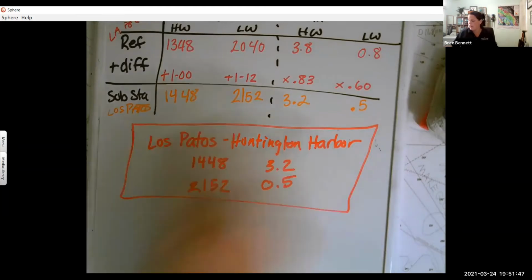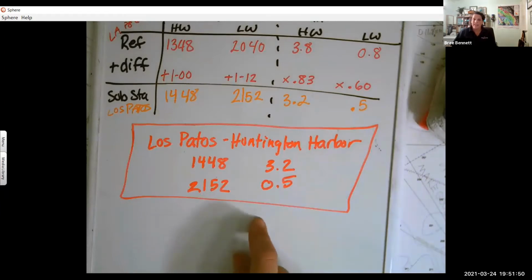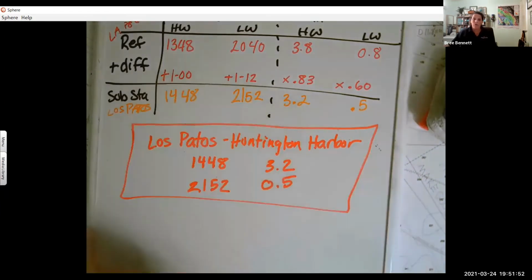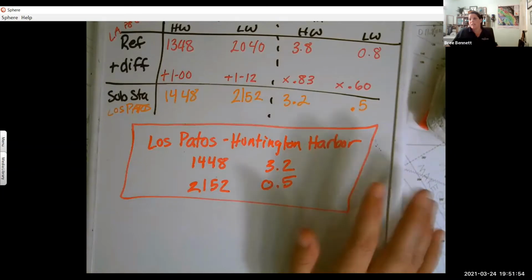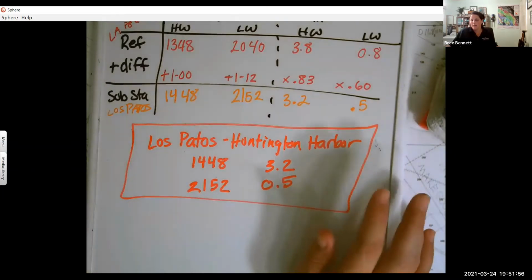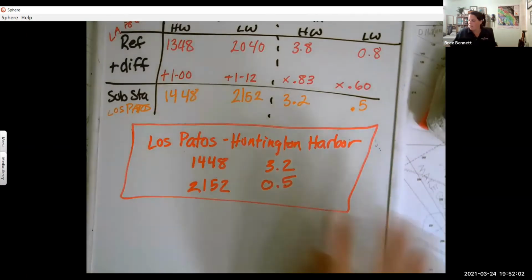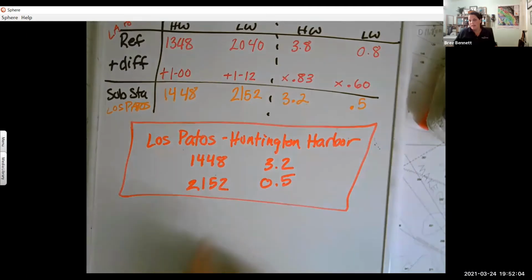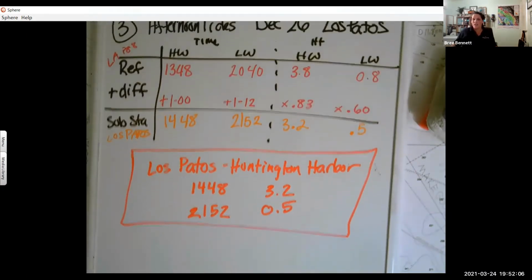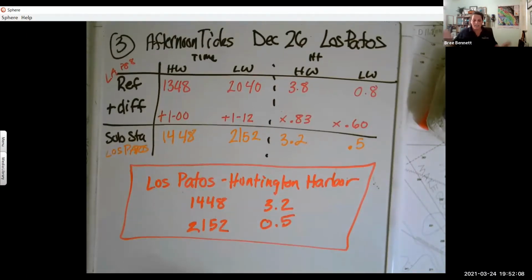You can print out a full tidal graph for Huntington Harbor if that's mainly where you're navigating, or for Newport, or for wherever. But this is the reasons behind our electronic programs.